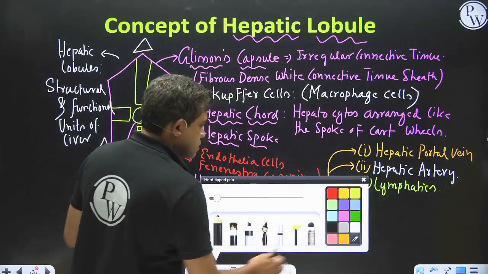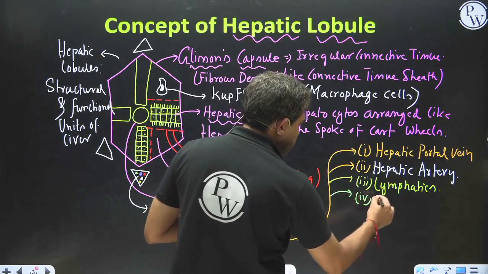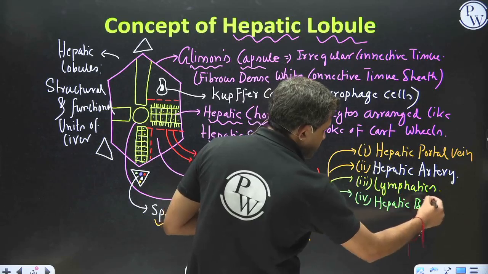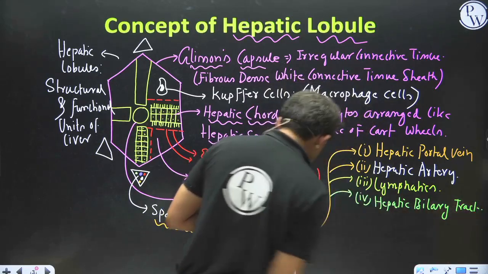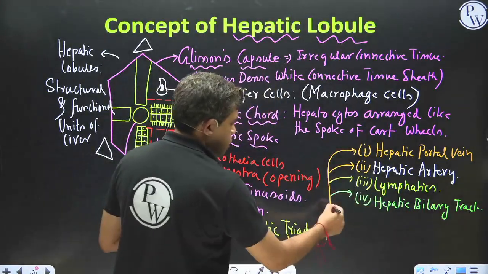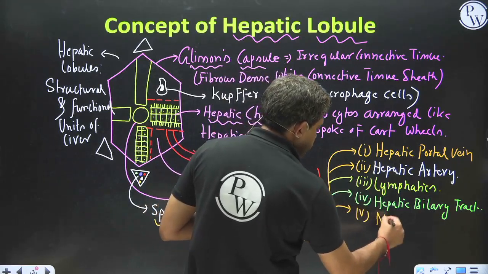The fourth structure is the hepatic biliary tract. This is also very important. Another structure I will talk about is the nerves, which are also found.